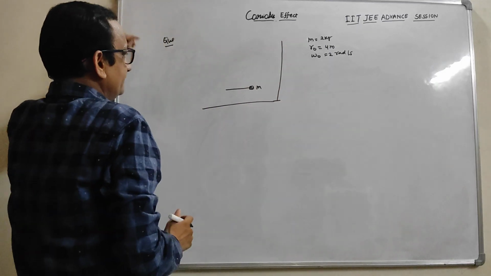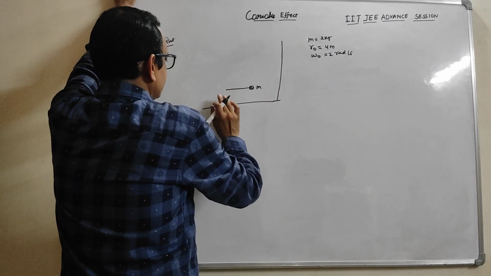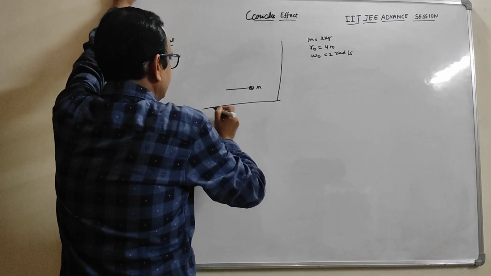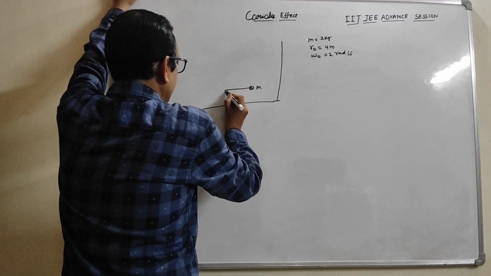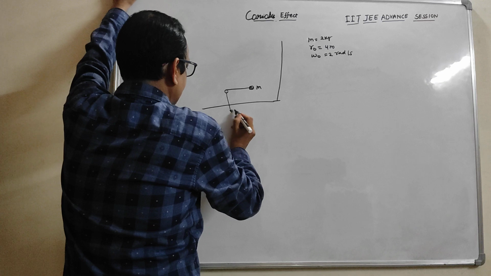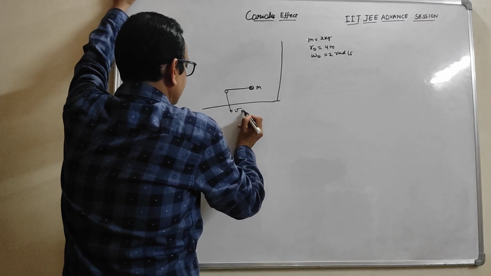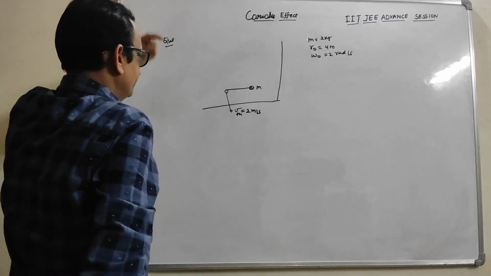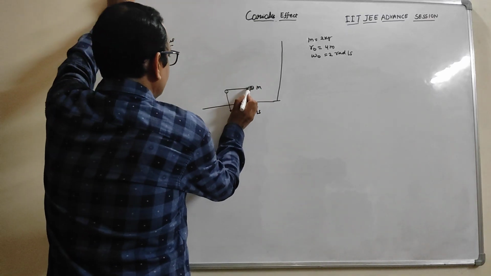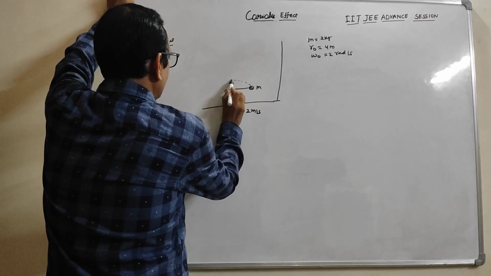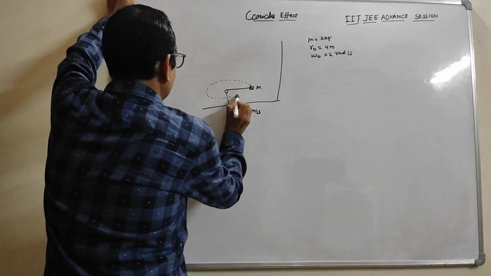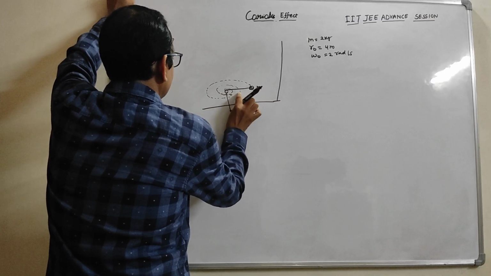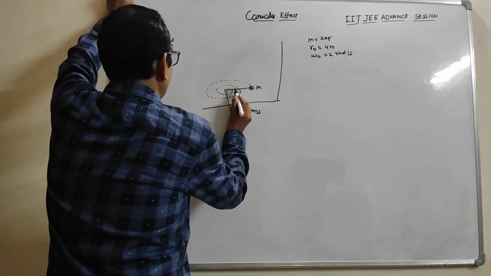Here a hole is made, and this string is pulled with a velocity, this velocity of thread, that is 2 meter per second. So the motion of this mass would be like this. This is spiral motion.